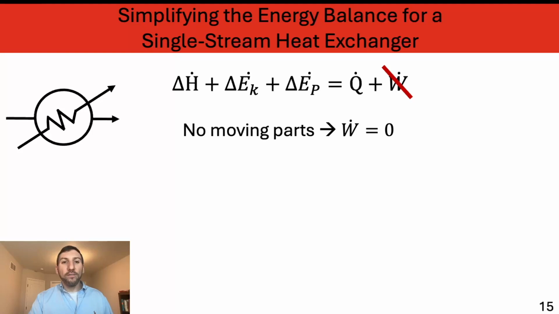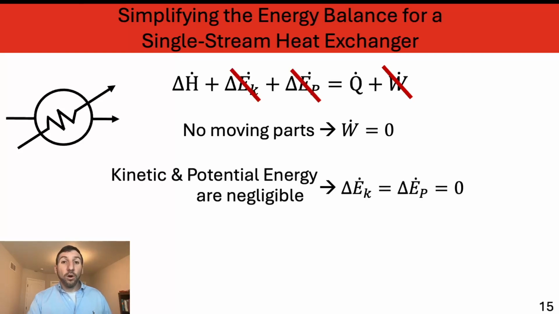Remember, this is often used when we are designing a system and we're still figuring out everything about my heat exchanger in terms of how much of a second fluid I want in order to either add or remove heat. We can also assume kinetic and potential energy are negligible, therefore they do equal 0. And now for a single stream heat exchanger, that leaves me with delta H equals Q.